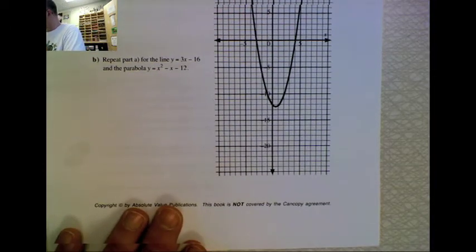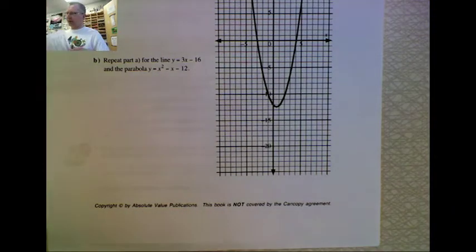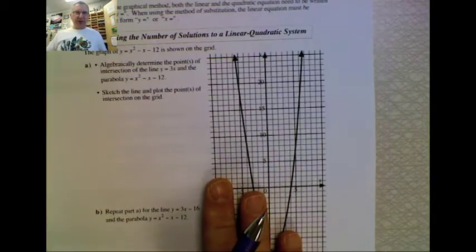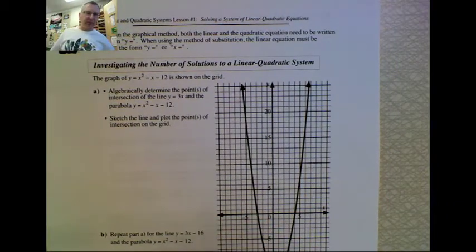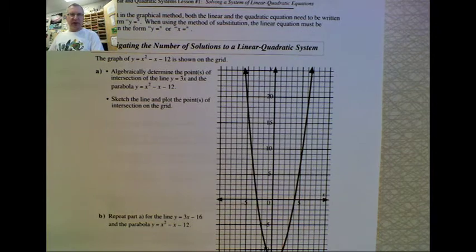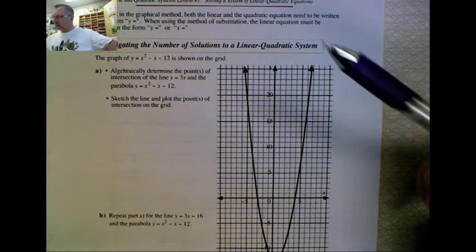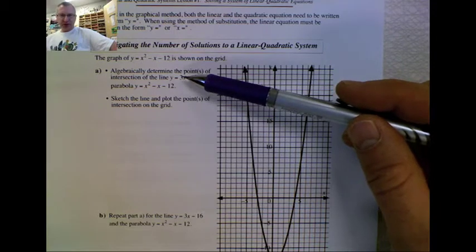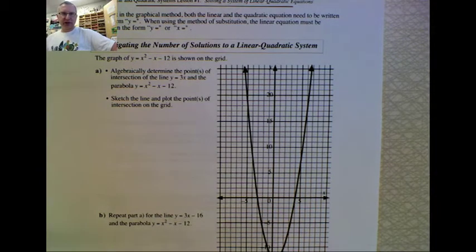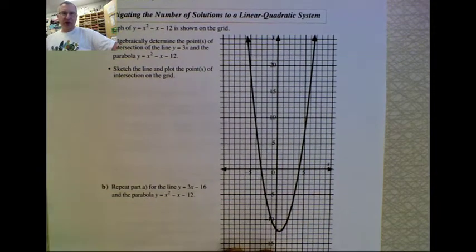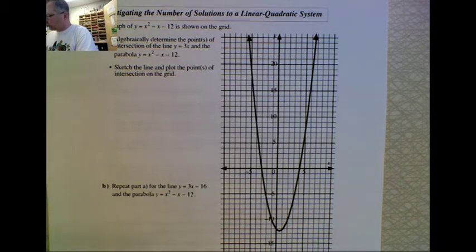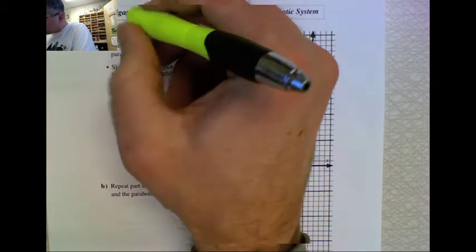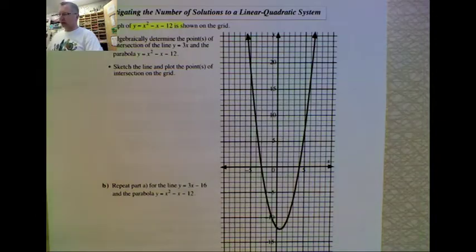Okay, now what we're going to look at next is the possible number of solutions you could get when you have a quadratic and a line. So if you flip to the next page in your workbook, you're going to notice that they have already graphed for you this quadratic equation, x squared minus x minus 12.